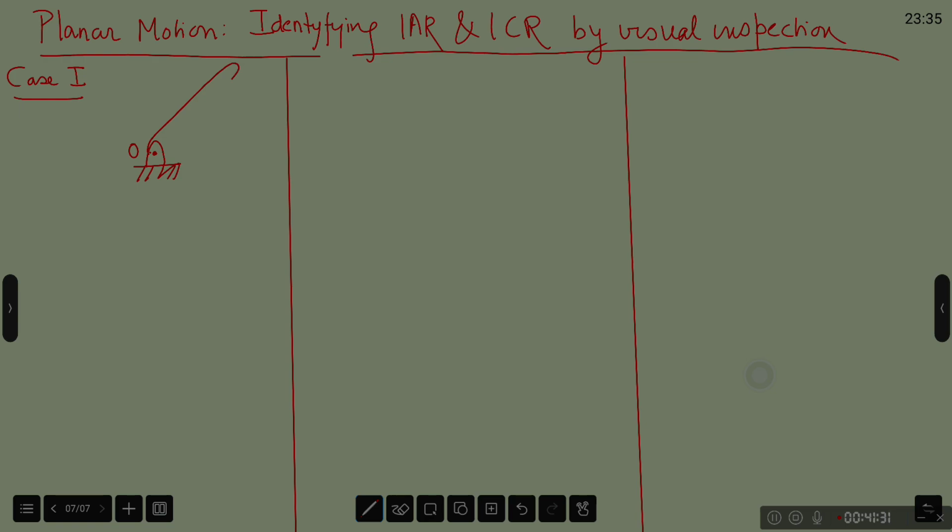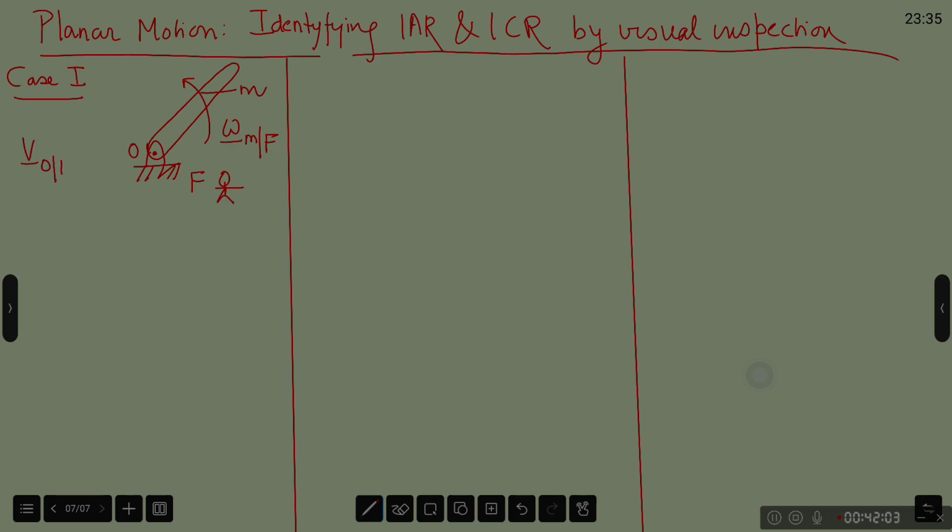This is body M, this is reference frame F, ground. This is the angular velocity of M with respect to F. Very easy to identify where the ICR is lying and what the IAR is. We know by looking at this figure itself that VOF is 0.